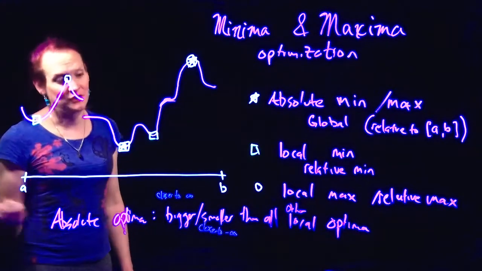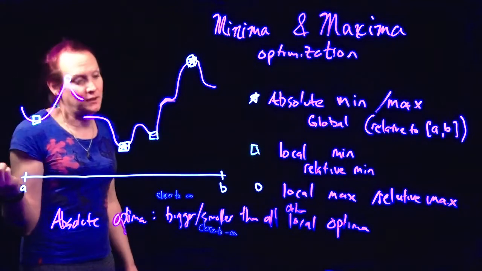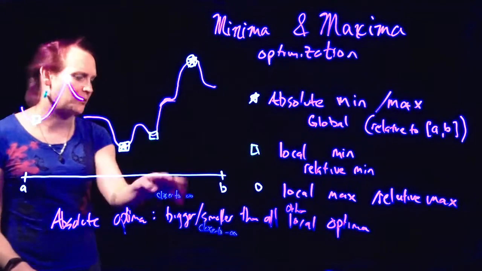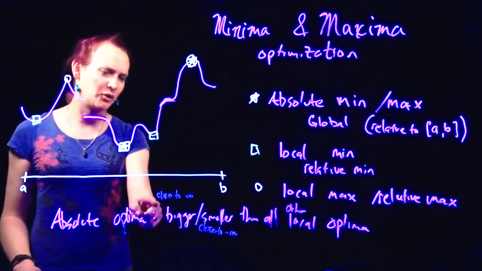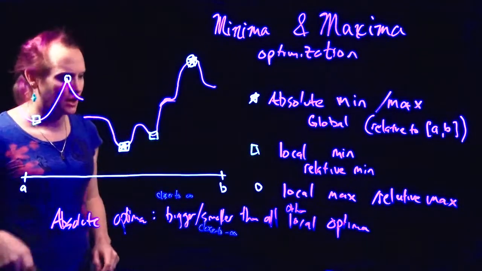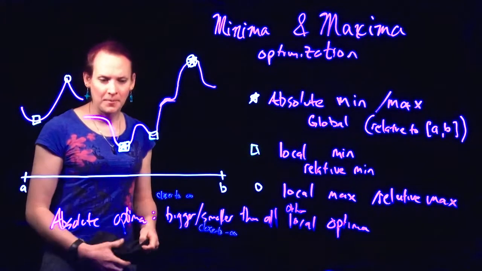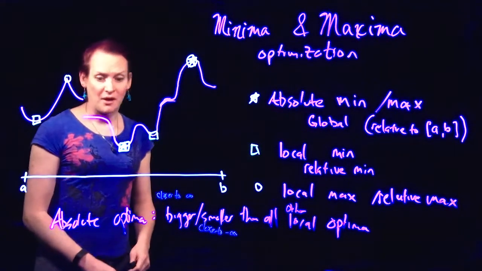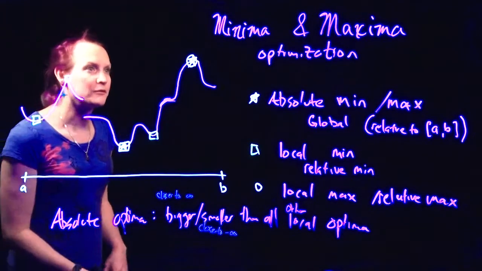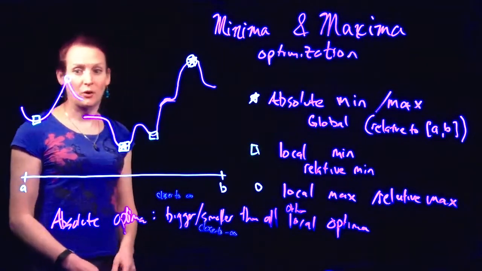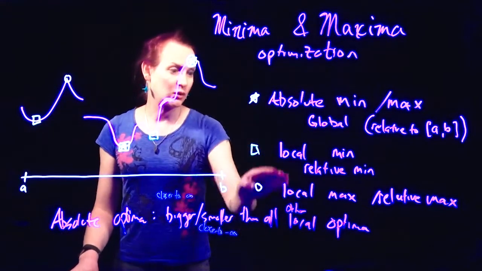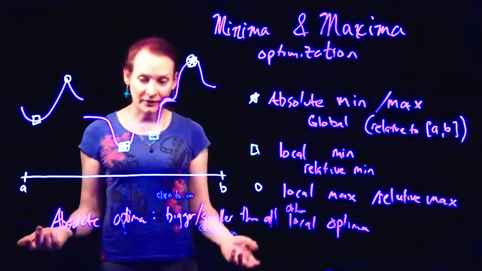It's great in magnitude, but it's close to negative infinity. So we should probably avoid bigger, smaller language and say closer to positive infinity, closer to negative infinity, because it is possible that 0 is an optima of our function. Okay, so that's the concept of absolute, global, or local, relative mins and maxes.